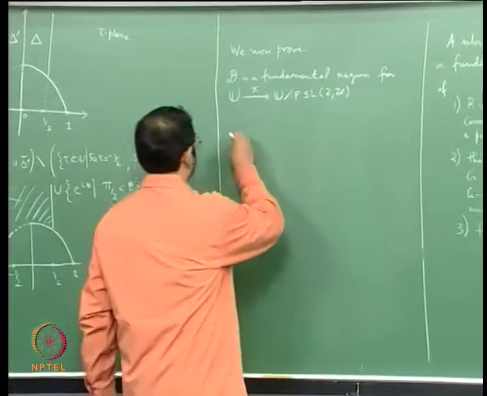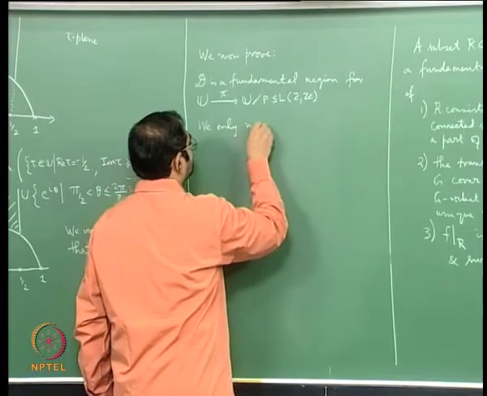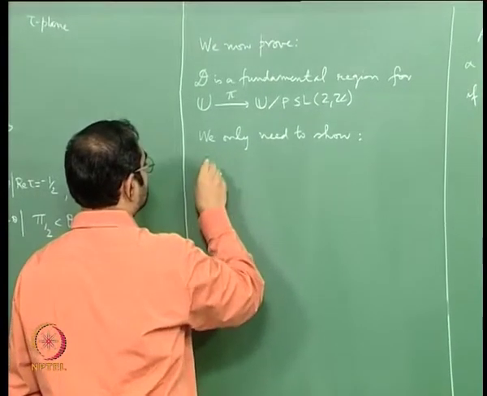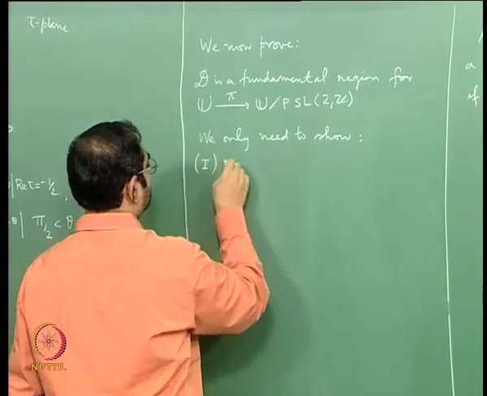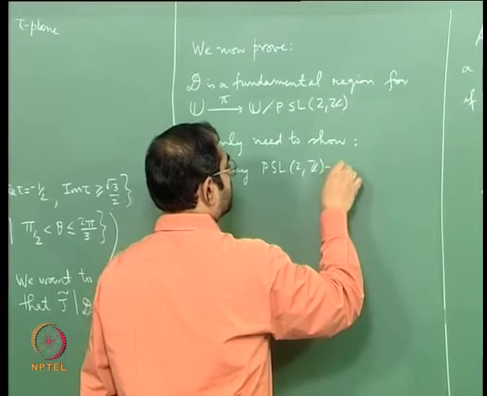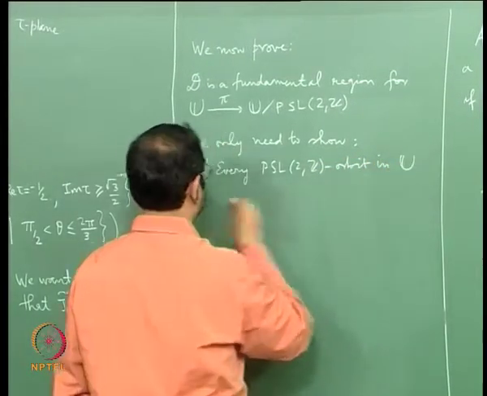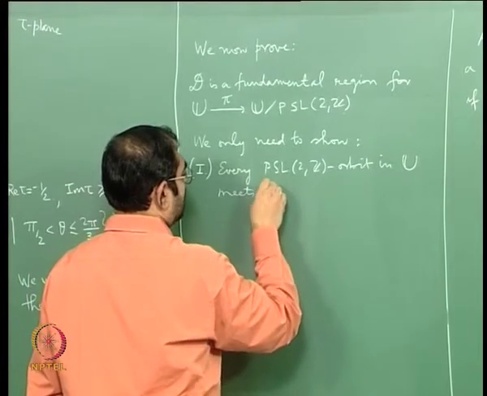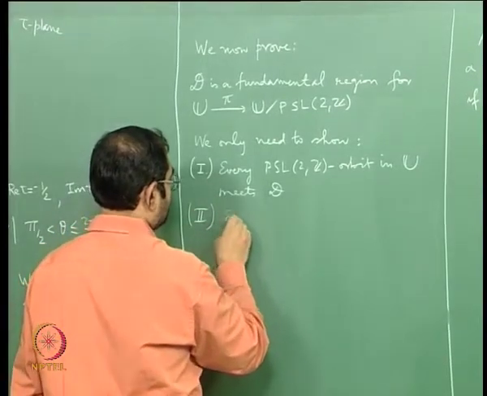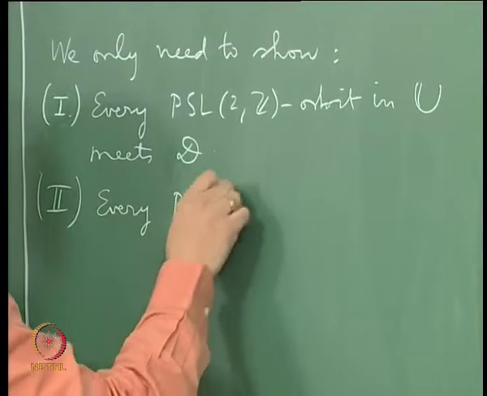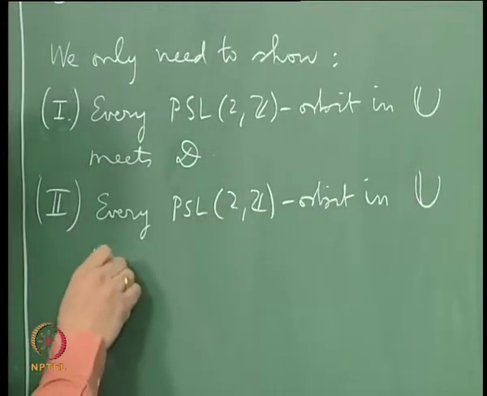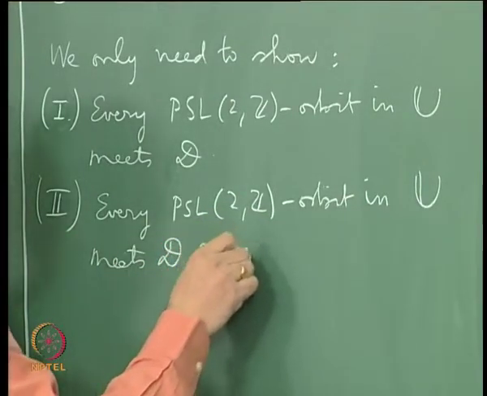We only need to show: number 1, every PSL2Z orbit in U meets script D. Number 2, every PSL2Z orbit in U meets D exactly at one point.